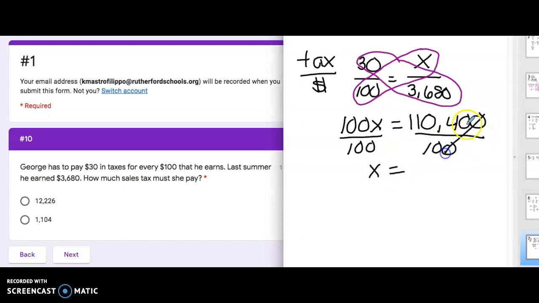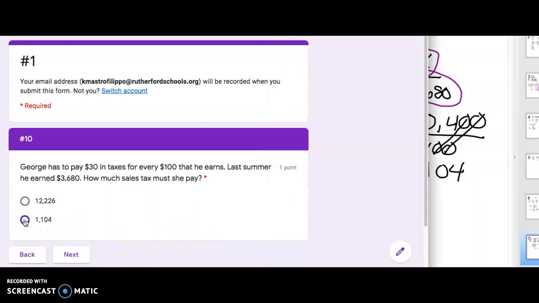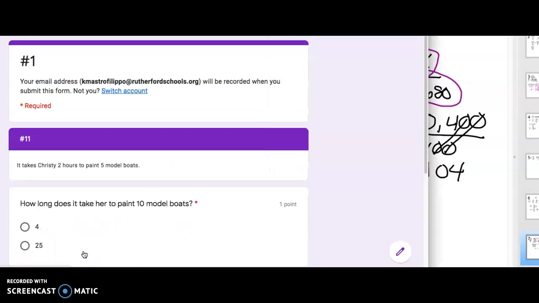Look, get rid of these zeros here. So we have $1,104. Okay.